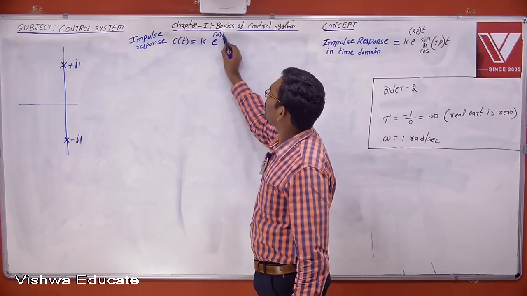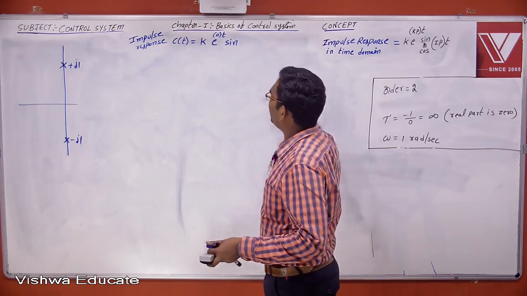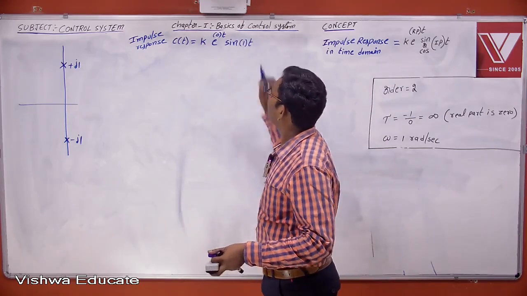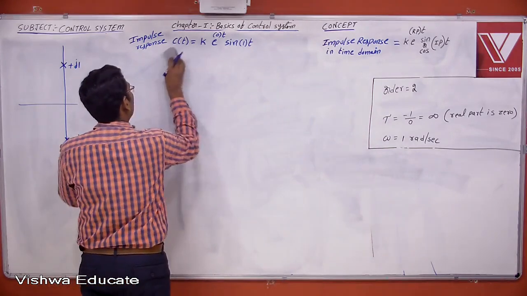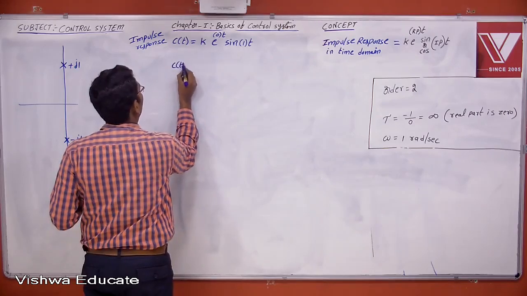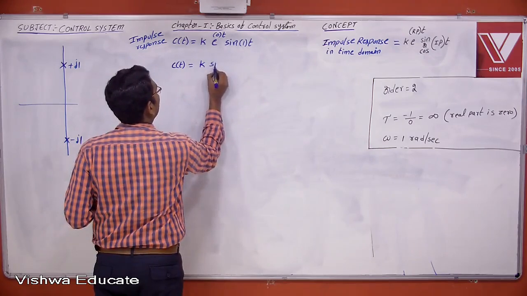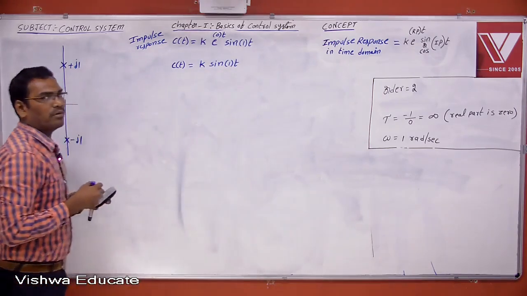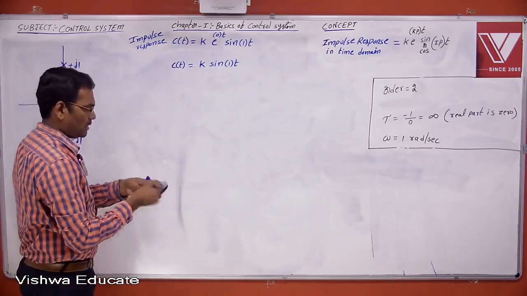E power 0 is 1, into sine or cos, whatever it may be, of imaginary part into t. What is the imaginary part? 1. Therefore, the impulse response in time domain is c of t equal to k into e power 0, which is 1, into sine of 1 into t.